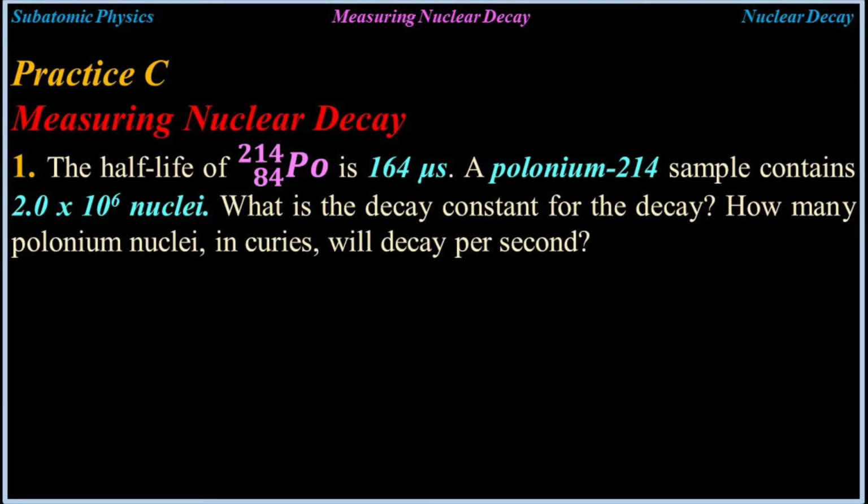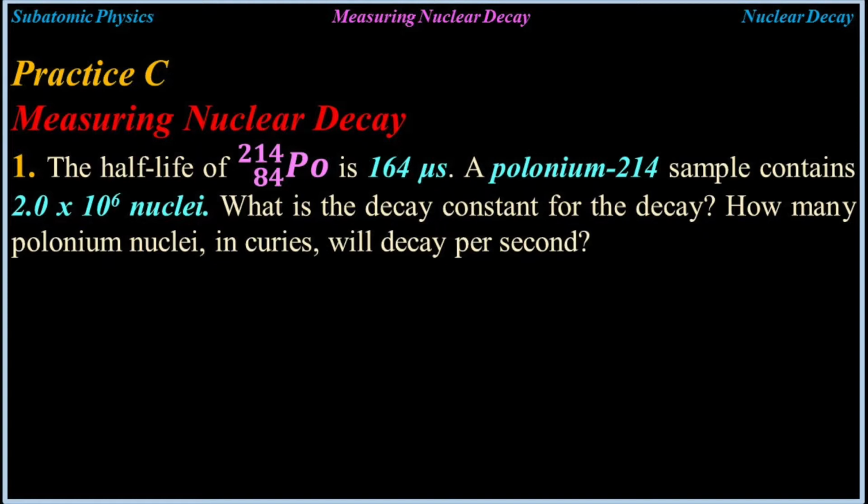The half-life of polonium-214 is 164 microseconds. A polonium-214 sample contains 2.0 times 10 to the sixth nuclei. What is the decay constant for the decay, and how many polonium nuclei in curies will decay per second?